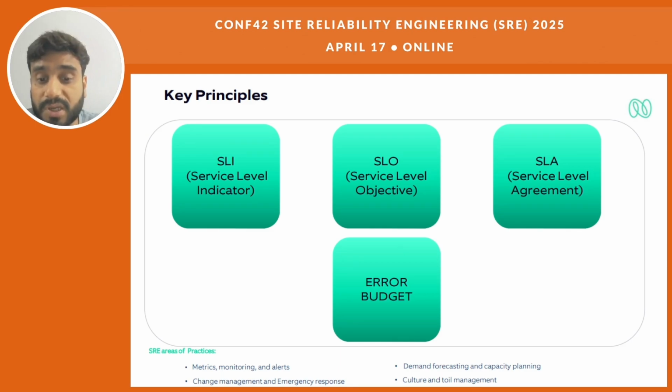And then culture and toil management is also one of the key practices, which is about how you manage operational workloads. In SRE, of course, you can't automate everything, so there are manual practices that you need to follow, and accordingly you need to manage your operational workload. But these are some basic understandings of SRE.